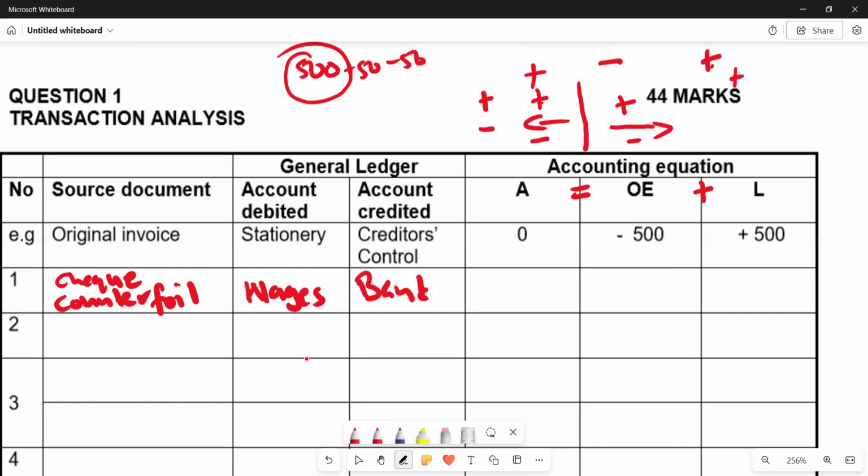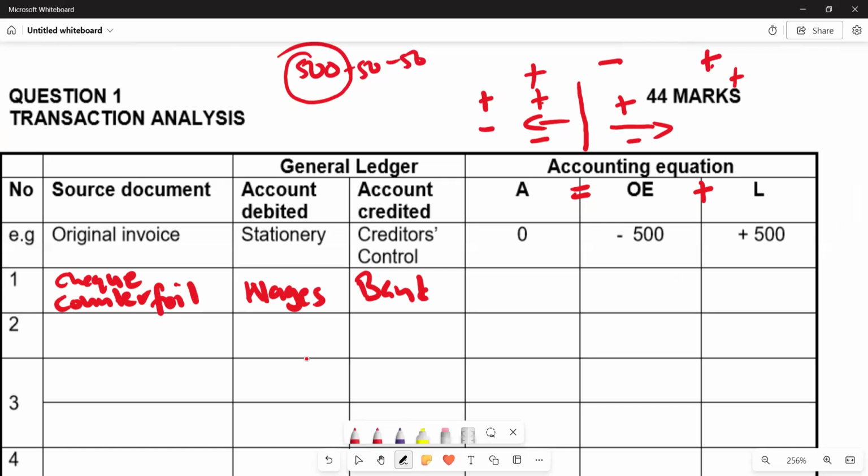So let's try to identify according to our transaction. We have got wages. We know that wages we charge in the profit and loss account under less expenses. So they are going to reduce the figure for net profit. Net profit is part of owner's equity, and it increases owner's equity.